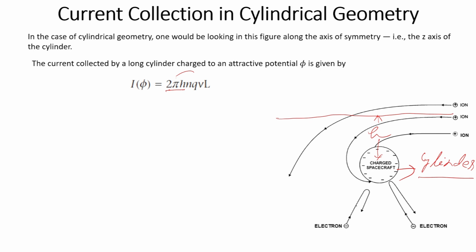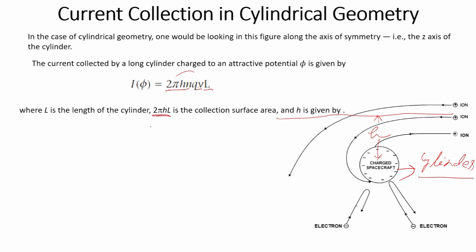Again, what is the n? N is the plasma density, q is the charge per unit plasma particle, this is the velocity, and L is the length of the cylinder which you are considering. So, this is the collecting surface. The collecting surface is the surface area, which is the circumference multiplied by the length of the cylinder, and for h we have already derived the equation, the impact height.